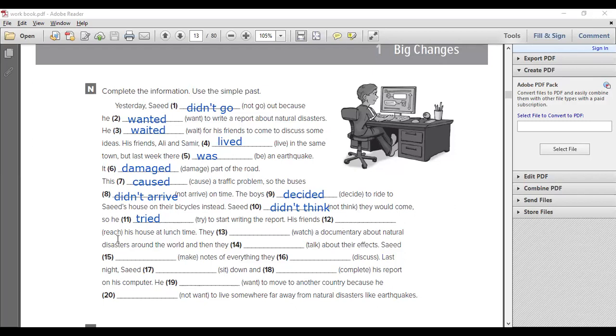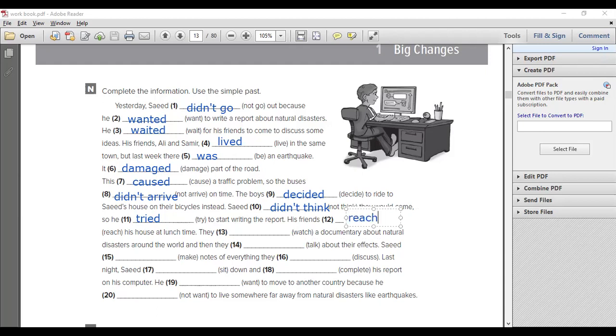His friends reach his house. What do you think? Yes, Jana. His friends reached.